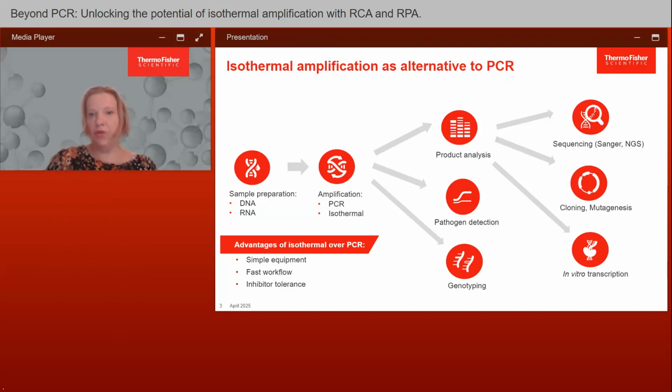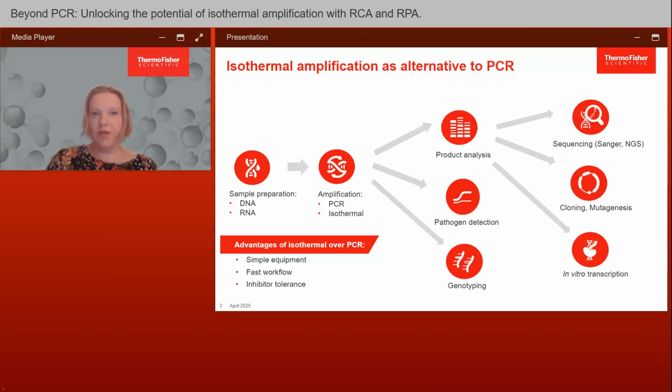In detection and genotyping assays, the amplification itself serves as a signal that the target sequence was present in the sample. While in more complex workflows, the product of amplification is checked and taken for further methods for sequencing, for cloning, or in vitro transcription.